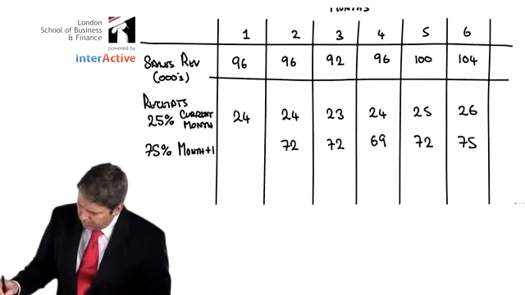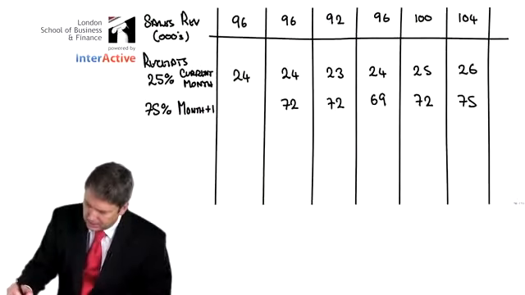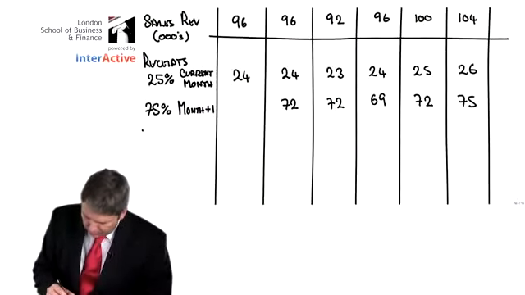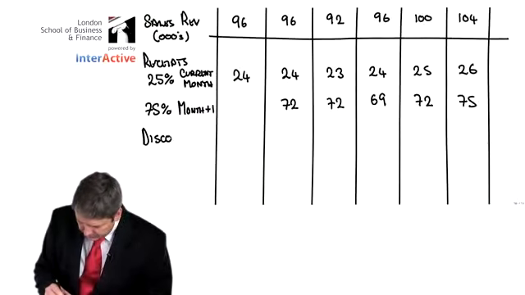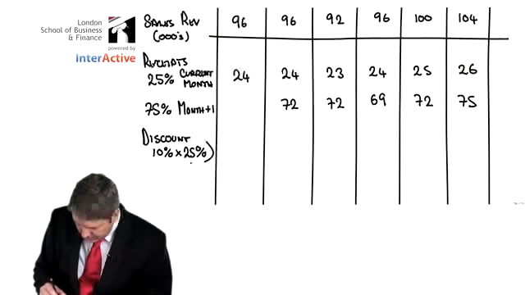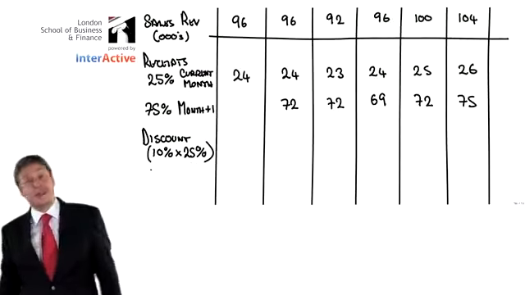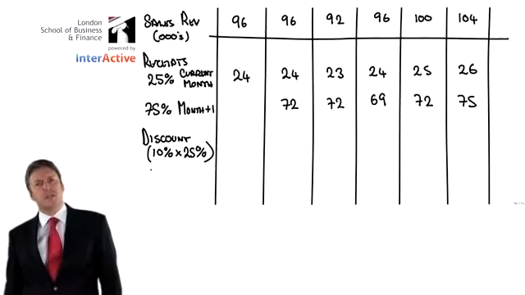So if we were to look at this sort of thing, what I'm thinking is this idea. We've got a discount. It's 10% of 25%. And if you do that in your calculator, I think it comes to 2.5%.